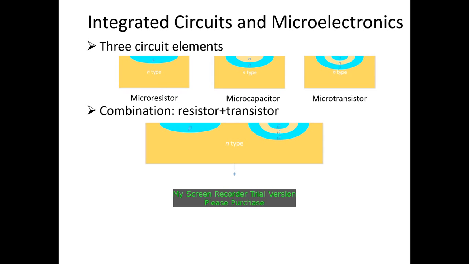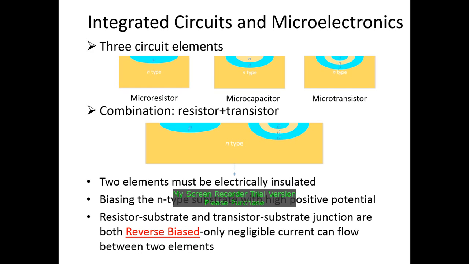Just remember the biased PN junction again. If we highly positively charge the N-type layer substrate, then the resistor and the transistor are reverse biased. Then the resistor-substrate junction and the transistor-substrate junction are both highly reverse biased.